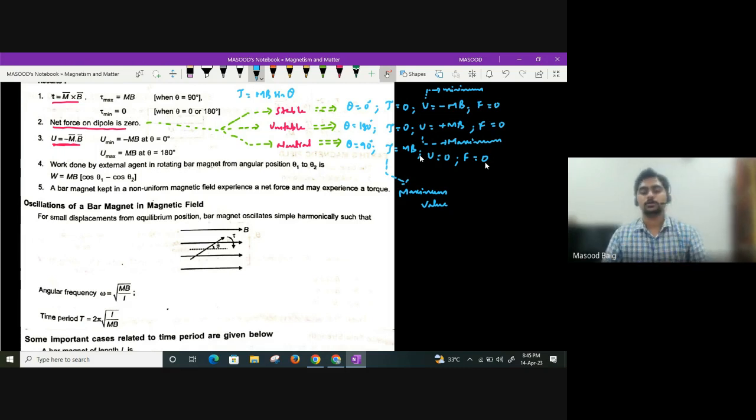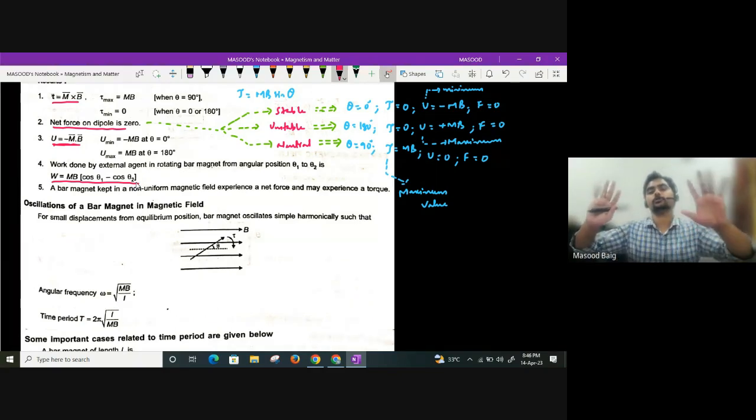Potential energy stored in the bar magnet will be minus m bar dot b bar. They'll ask you what is the work done in rotating the bar magnet from some angular position theta 1 to angular position theta 2. It is also a very important formula: mb times cos theta 1 minus cos theta 2.